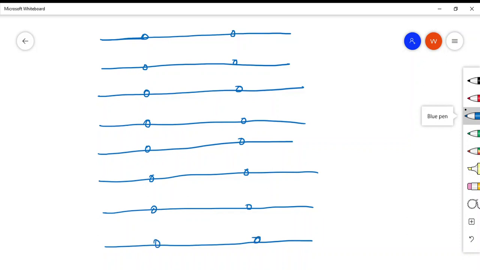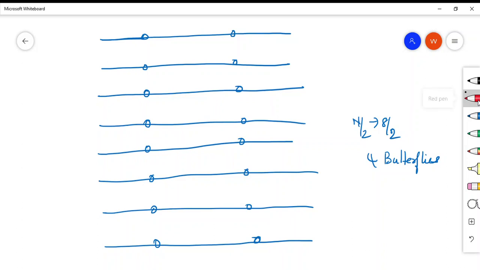Now n by 2 means it is 8 by 2. So 4 butterflies has to be there. Now 4 butterflies means you make the division here, 1, 2, 3, 4. Now you join. This is 1.